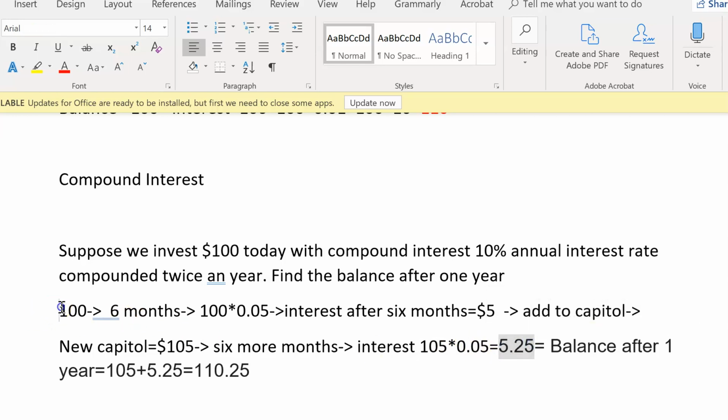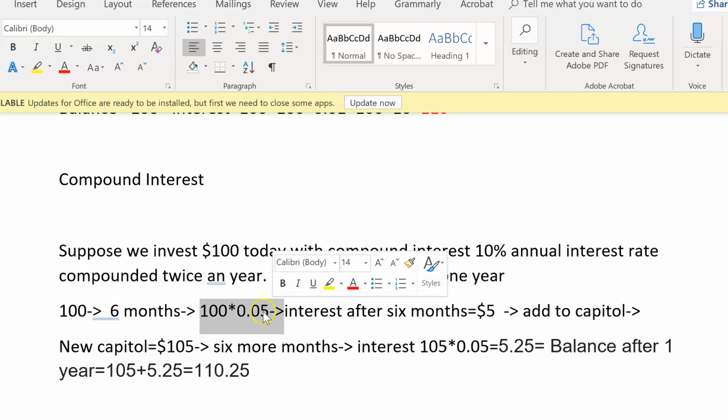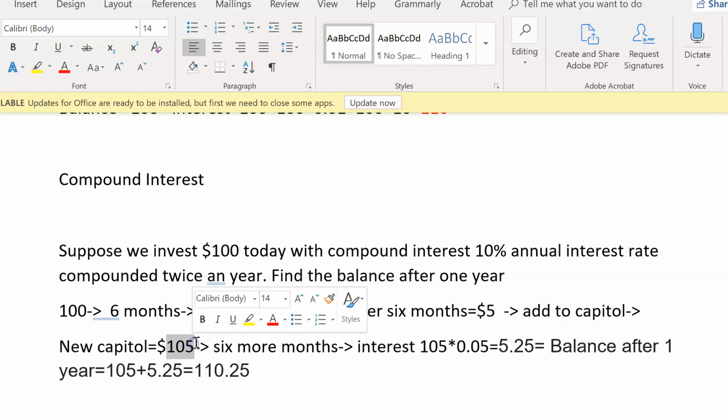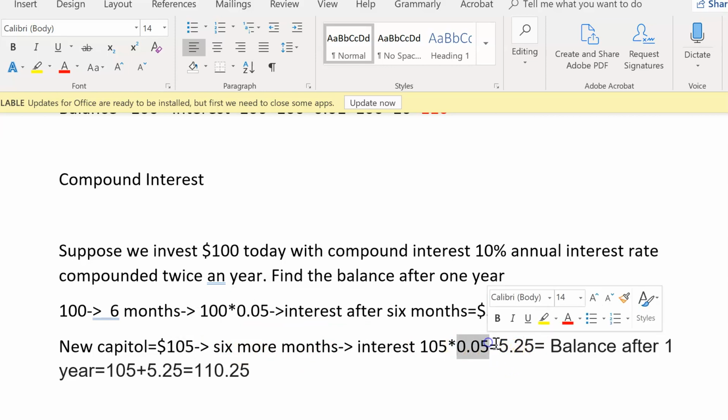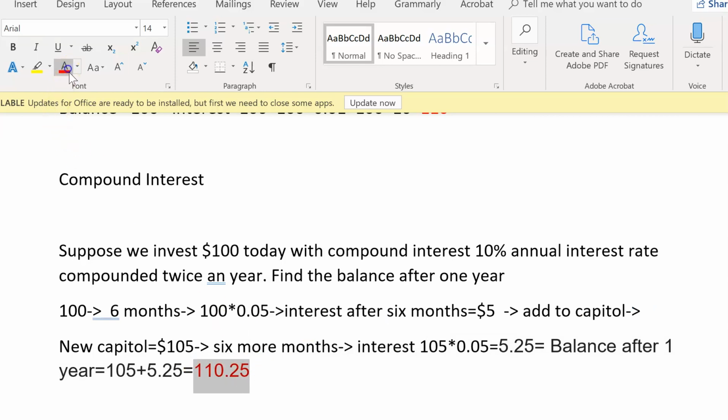So the principal now is not 100 but 105. You add 5.25 to that and you get 110.25. And that is your balance after 1 year, in dollars.